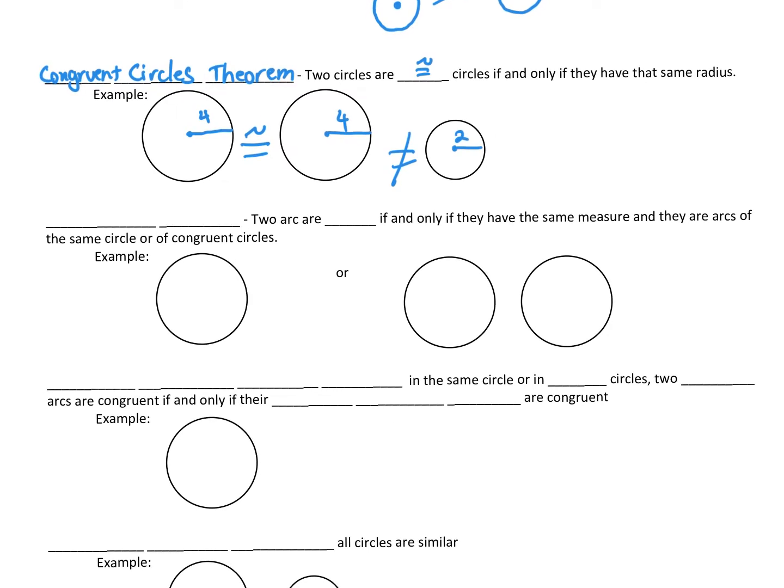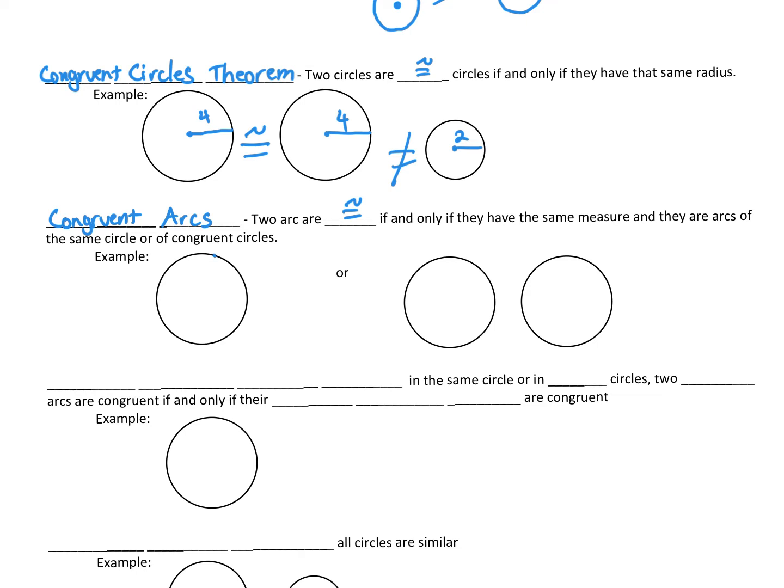So continuing with that, we also have congruent arcs. Two arcs are considered congruent if and only if they have the same measure.